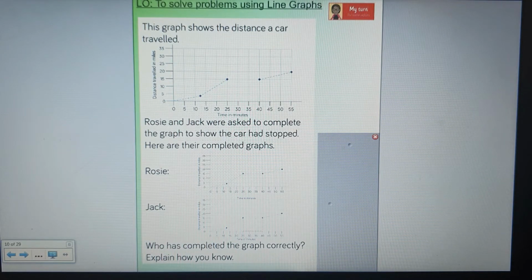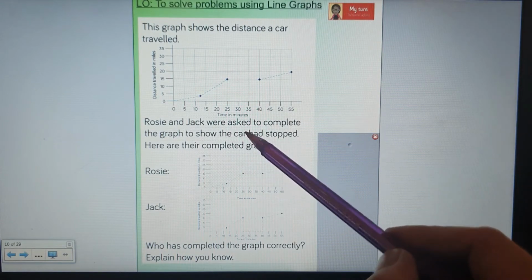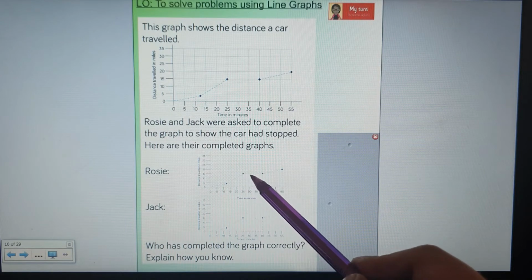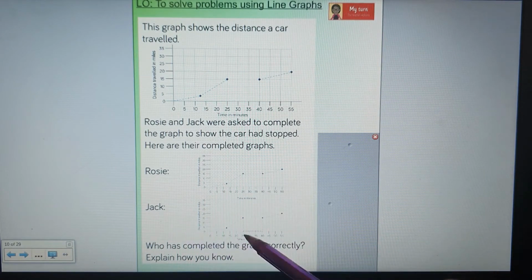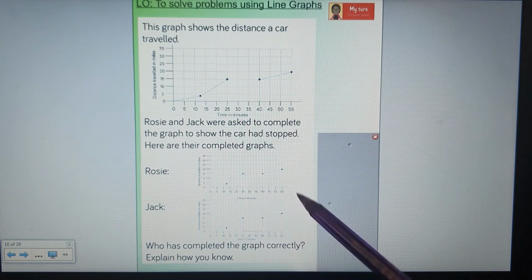Here are their completed graphs. So Rosie has joined the 2 dots in here with a straight line. Jack, however, has drawn a line down and then he's gone across and then back up. Who has completed the graph correctly?